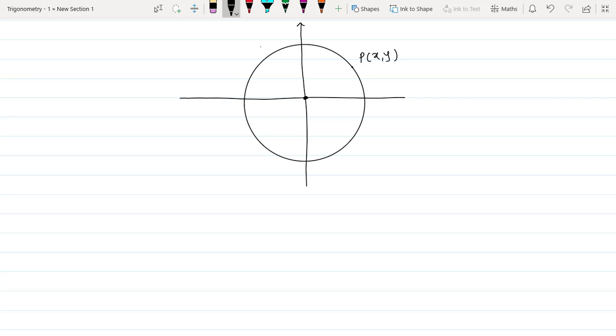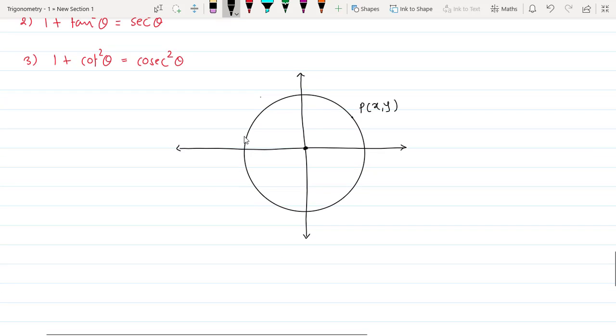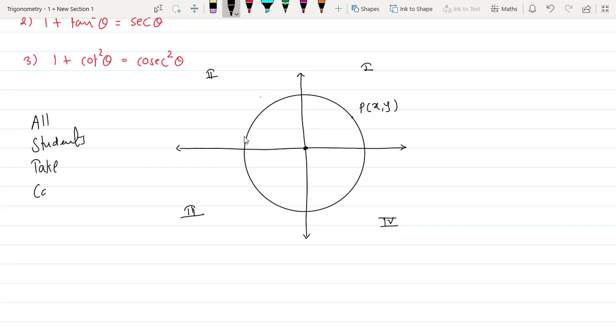There are 4 quadrants in the coordinate system: quadrant 1, 2, 3 and 4. We remember that in the first quadrant all the trigonometric functions are positive.